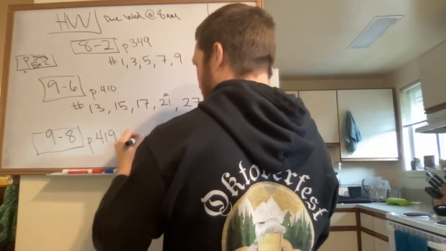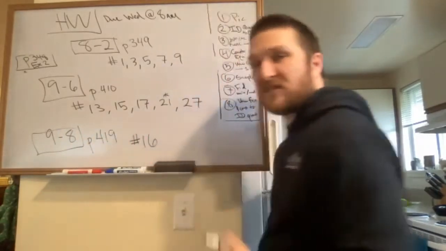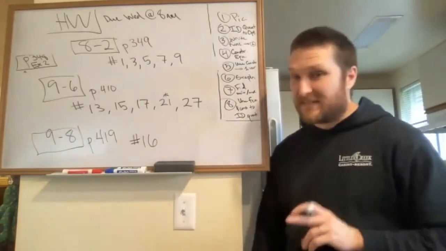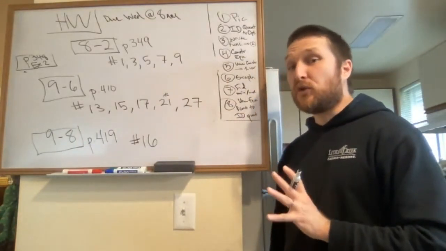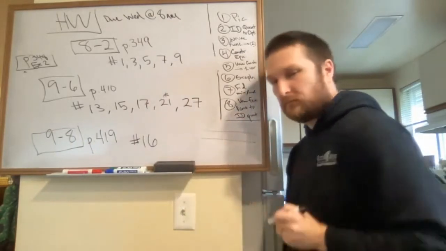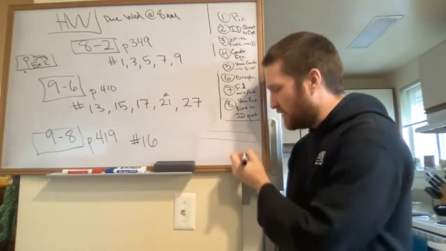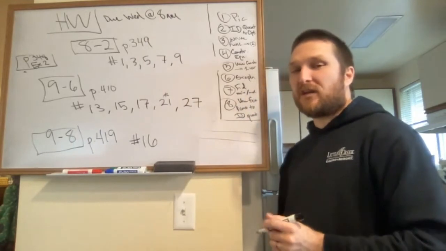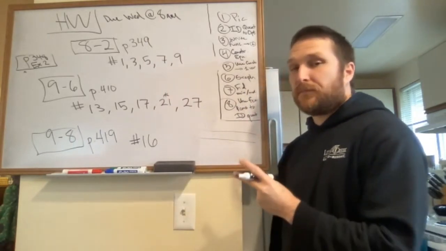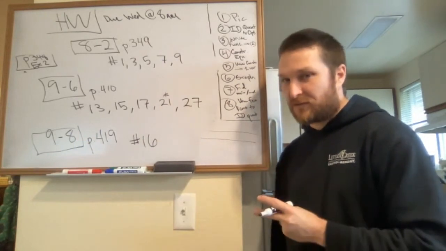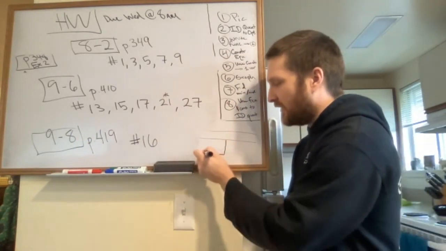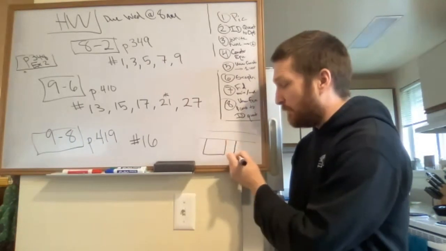Number 16. It's almost exactly the first problem we did. The wording is a little weird. They say it's the same thing as a river, and you're building a fence using a certain amount of fence, but they say you're going to build 2 adjacent rectangular enclosures. They don't mean rectangular enclosures that are separated.